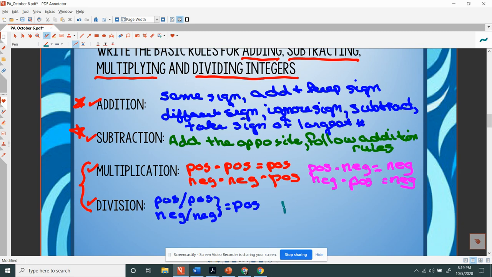Now, a positive divided by a negative, or a negative divided by a positive, always will be negative. And that's it.